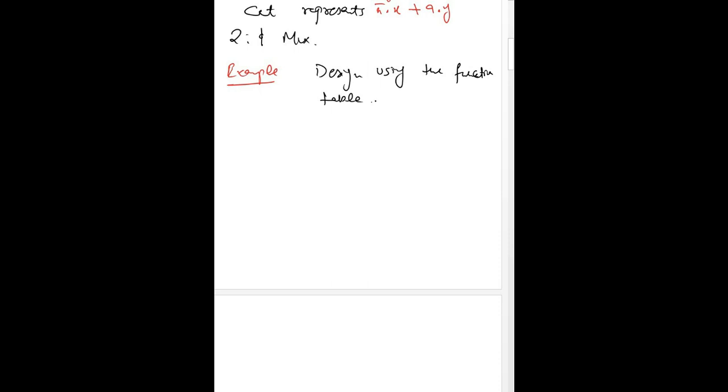The function table given here is for our function f. We have two inputs A and B. The outputs are 1, 0, 0 and 1, and our inputs are 0 0, 0 1, 1 0, and 1 1.